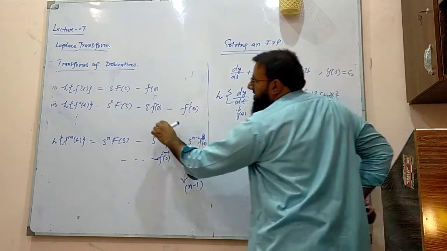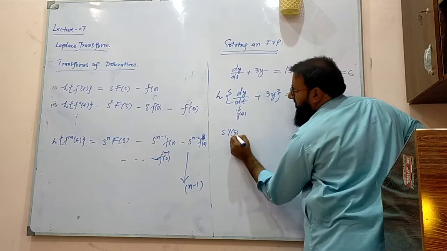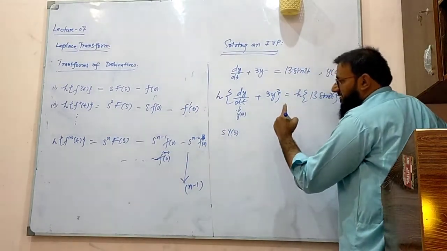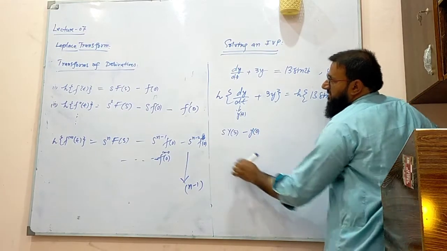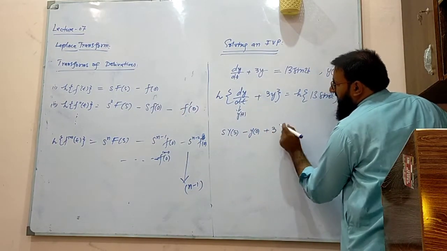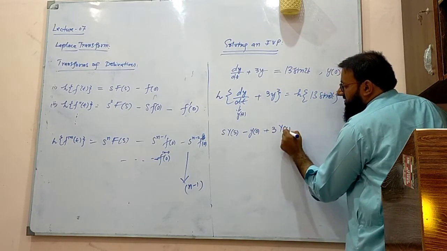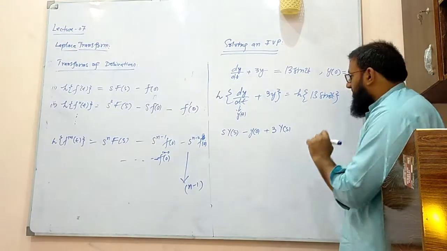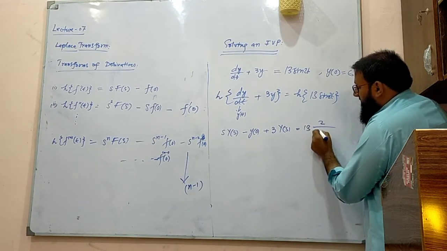The Laplace transform is going to be s times, let's say this is capital Y of s, the Laplace transform of y of t, minus y of 0. This is f of 0, this is y of 0, plus 3 times the Laplace transform of y. It's an unknown function, so I will write Y of s. And 13 sin 2t gives 13 times 2 over s square plus 4.